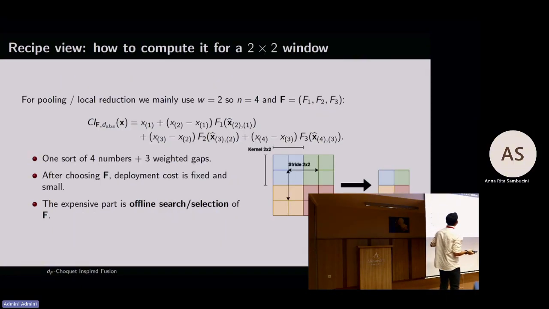For example, if we have a 2 by 2 window of pixels, the calculation starts with the lowest value. After that, we compute the 3 gaps between the second value and the first one, the third and the second, and at the end, the largest value and the third one.